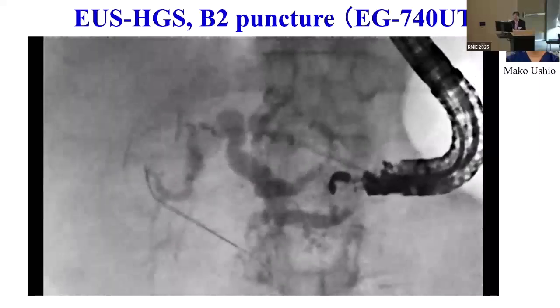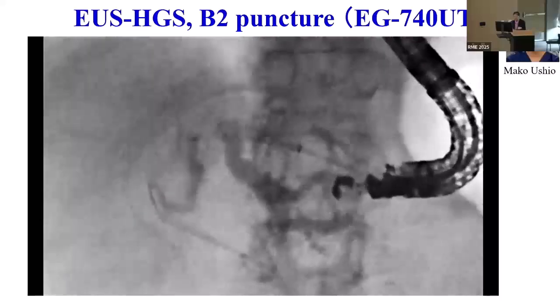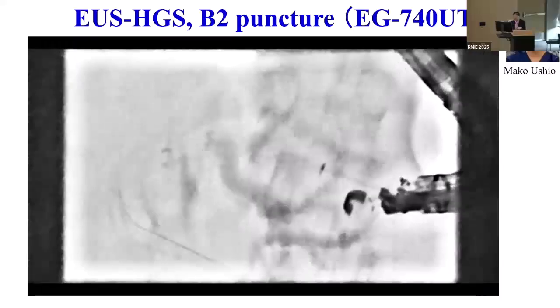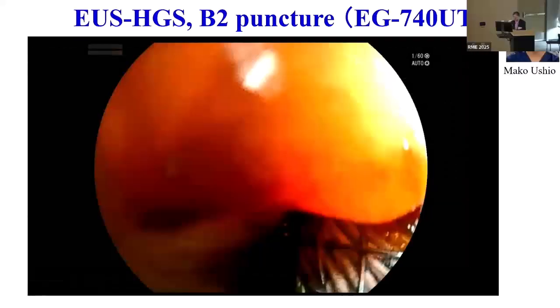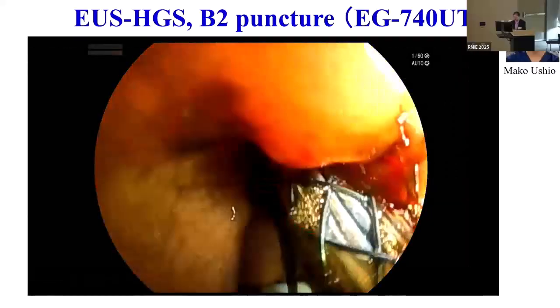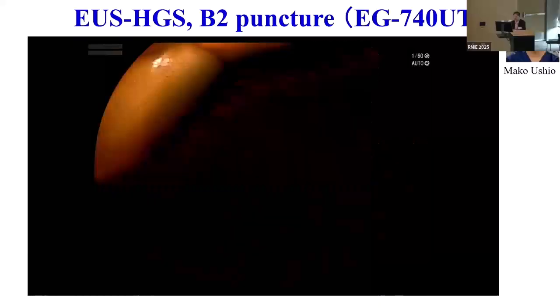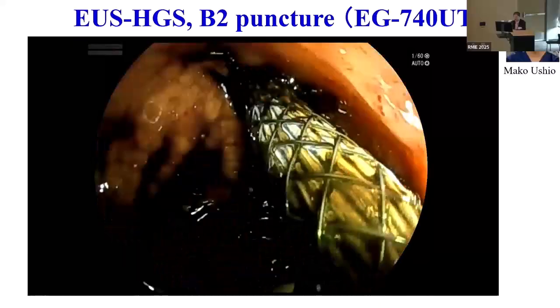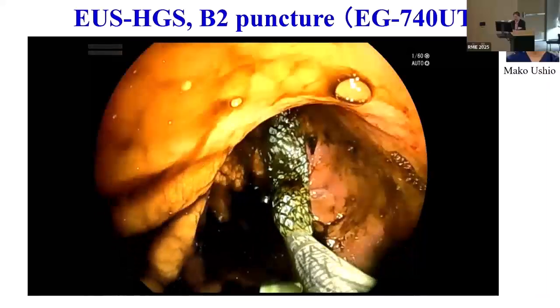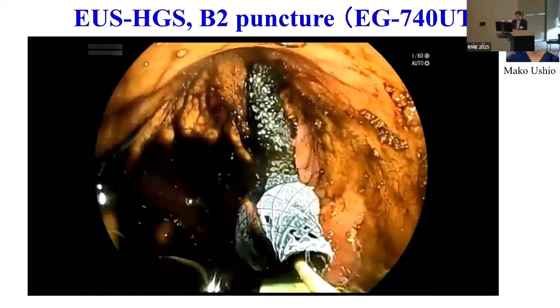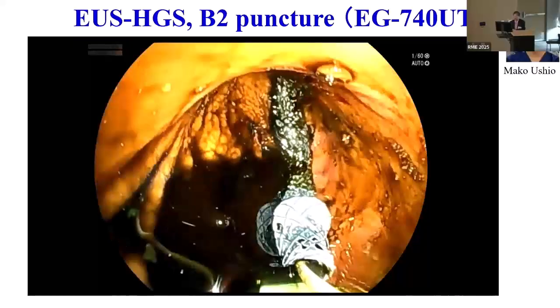So we located the uncovered portion in the bile duct and the liver parenchyma, and the stomach portion is fully covered. And this is a very good fluoroscopic image by Fujifilm, and it is easy to see the puncture point, and easy to deploy the stent. This is a recent procedure.